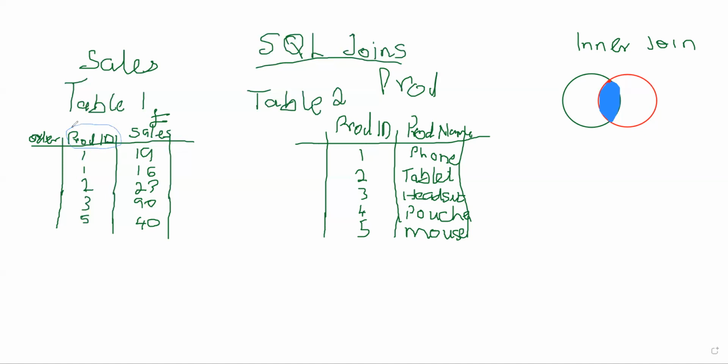So well, let us look at it carefully. What is in this table and in this table? What do we have in common between this table and this table? Product ID. So it's just the product ID. So that means if you want to write a SQL query, you want to say select.